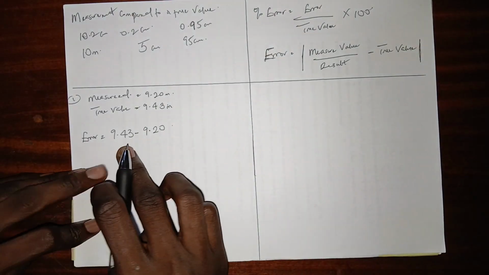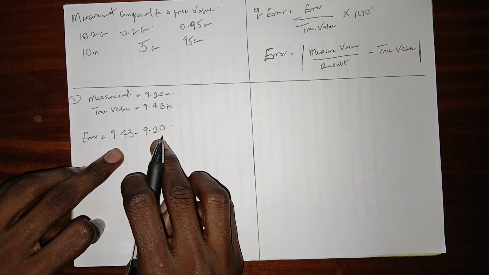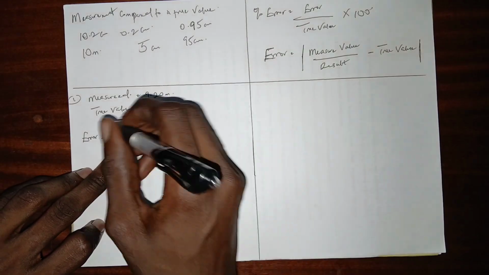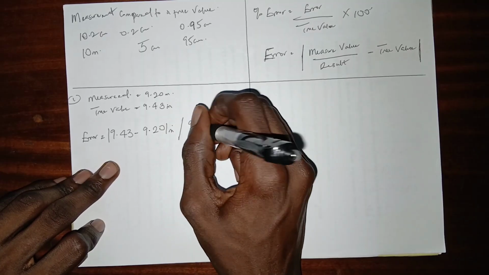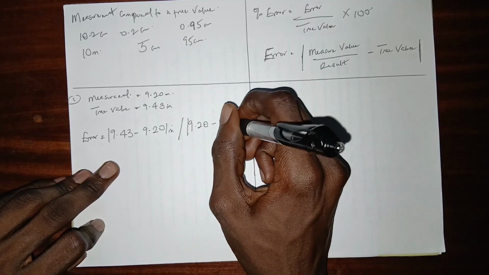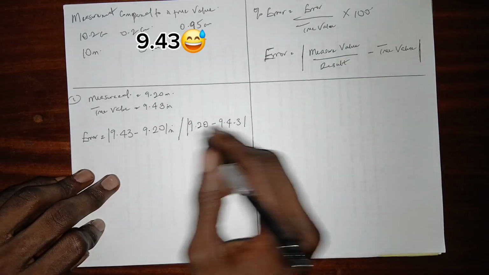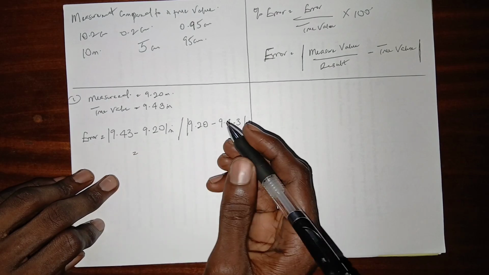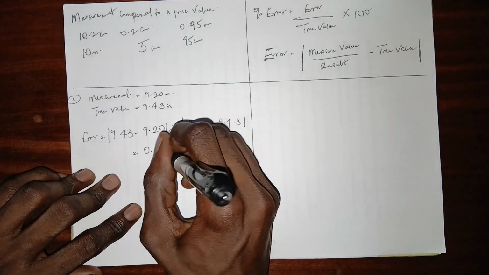If you notice, I kept the true value first, but doing 9.2 minus 9.43 still gives us the same thing. The main thing is it has to be an absolute answer, that is, a positive answer. The answer here is 0.23 meters.